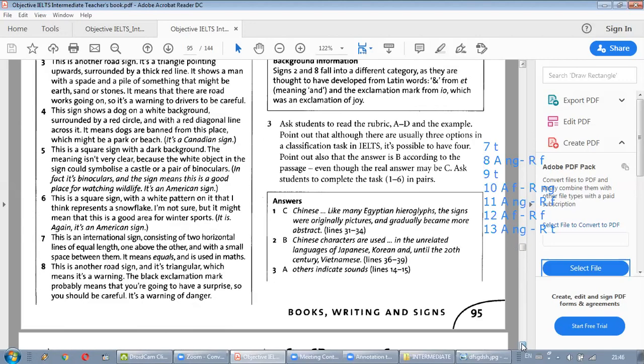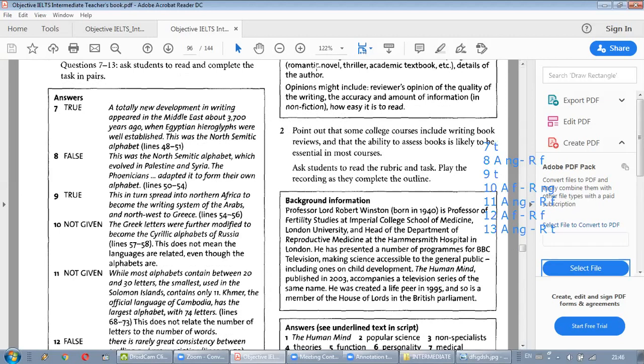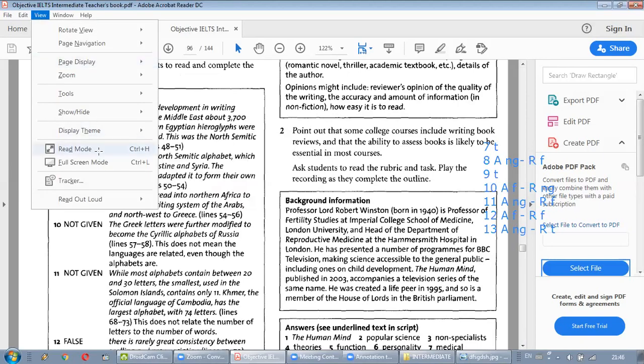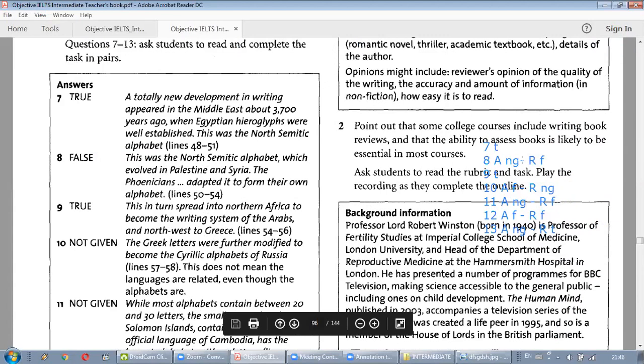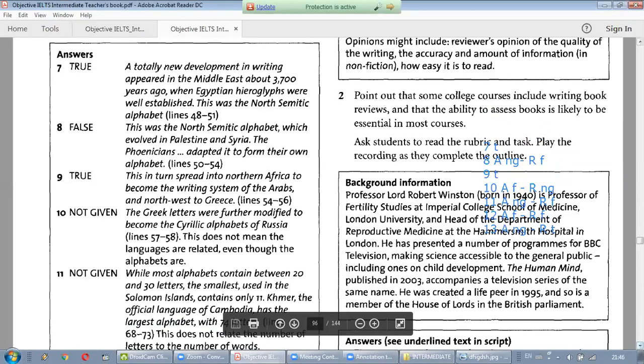So let me just expand this. All right. So here, just to see our answers on the other side. So the first answer you gave, and let's zoom out just a little tiny bit.